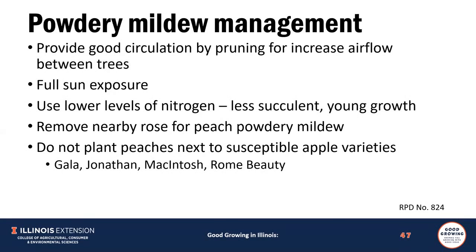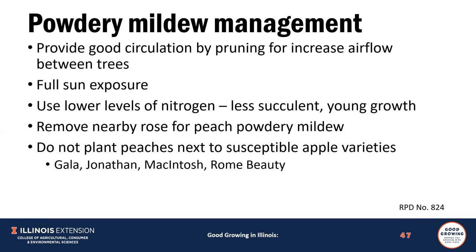For powdery mildew management, again, use those cultural practices of opening the canopy, making sure you have light and air circulation, penetration. There can be alternative hosts for powdery mildew, such as rose. So you might have to treat your roses or remove the nearby roses.